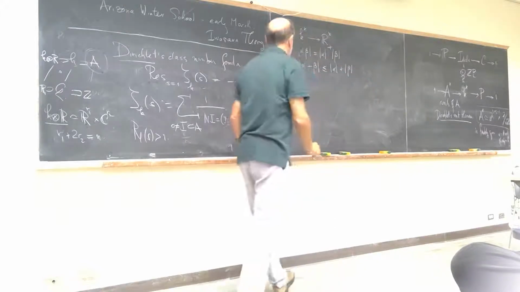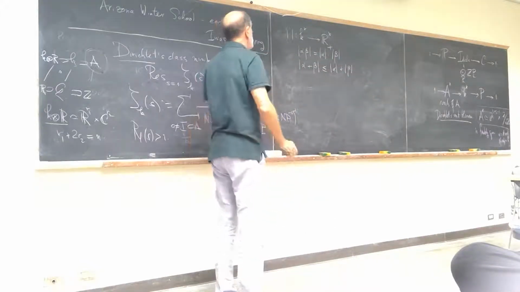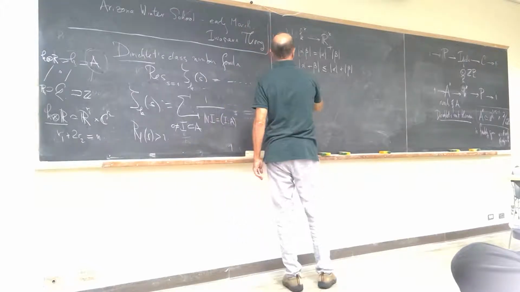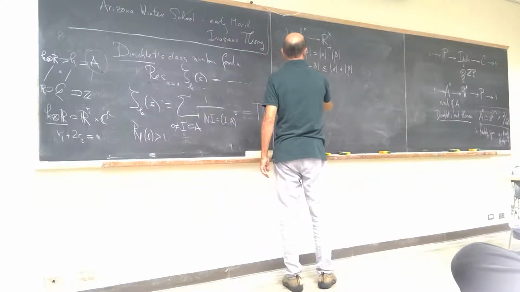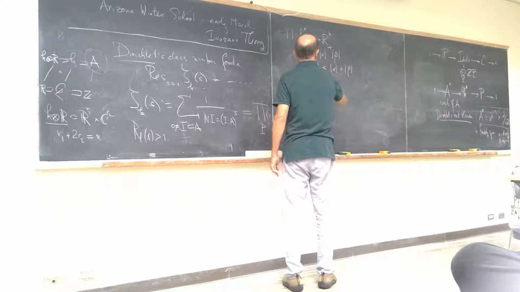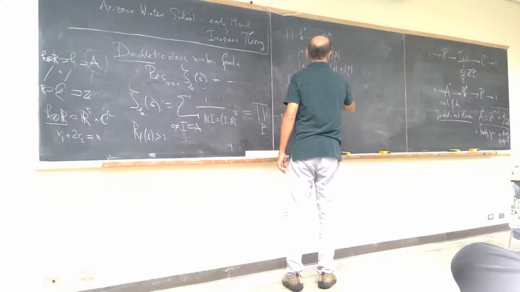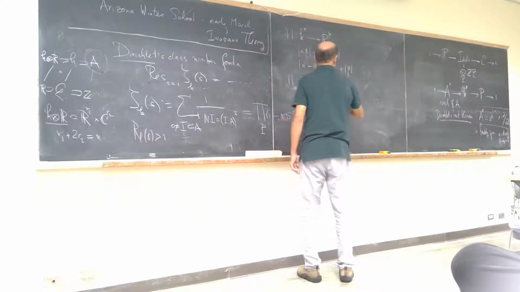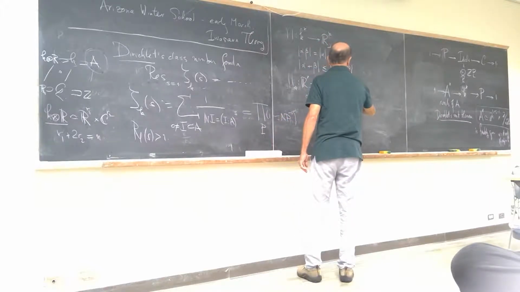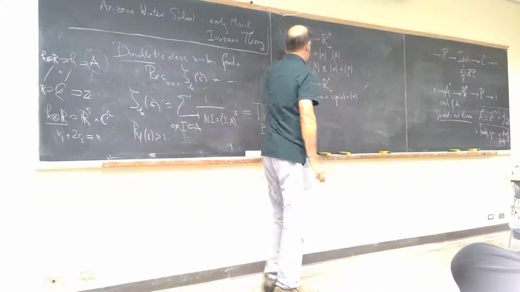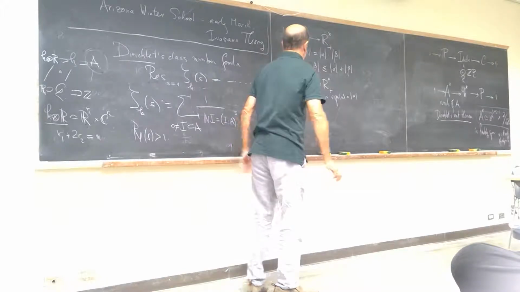So a typical valuation is the absolute value on the real numbers, which takes a number alpha to alpha times its sign. We call that the absolute value of alpha, and that satisfies this by the triangle law.